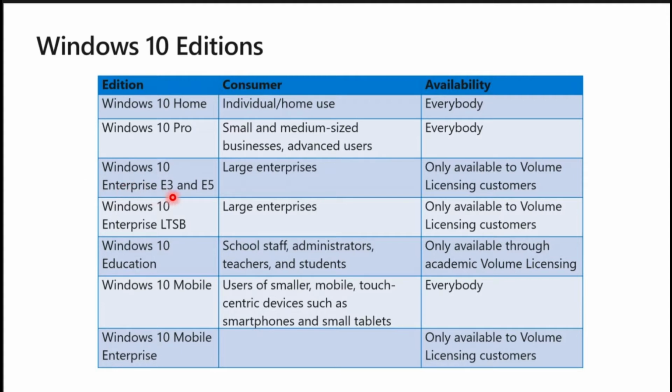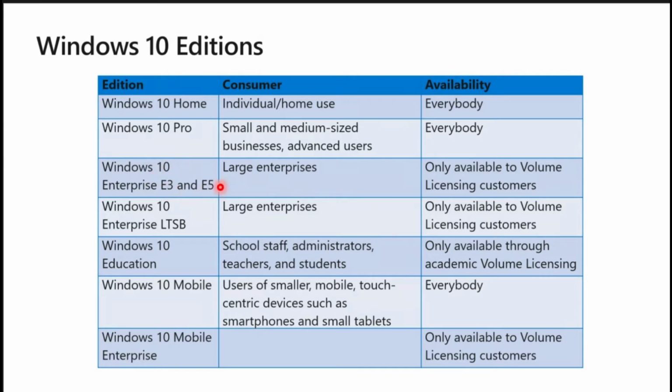Windows 10 Enterprise E3 and E5 can be used in the large enterprise, only available to volume licensing customers. So Enterprise 3 and 5 is another edition, and it has some advantages. It will have some extra features, and also update management will be simpler. So that's the advantage we have with this one.